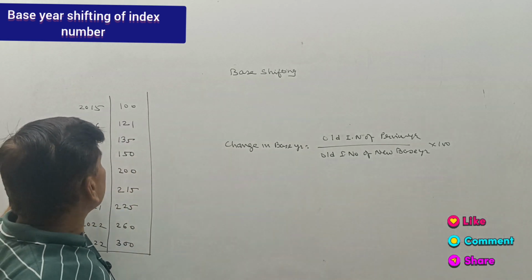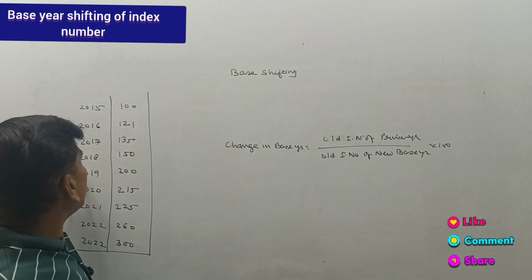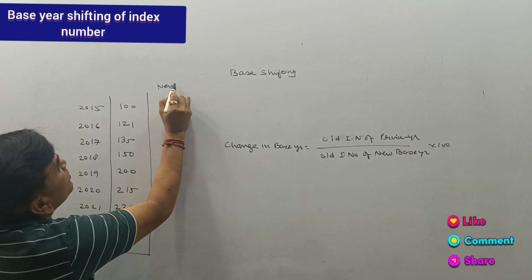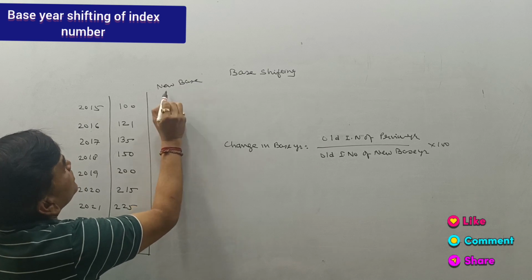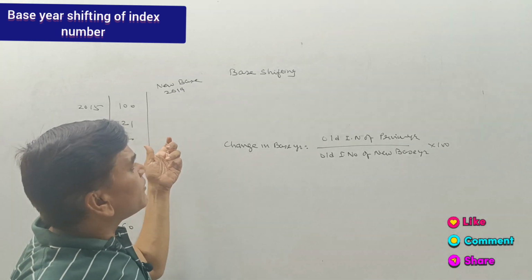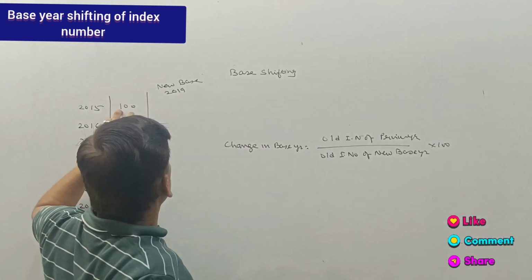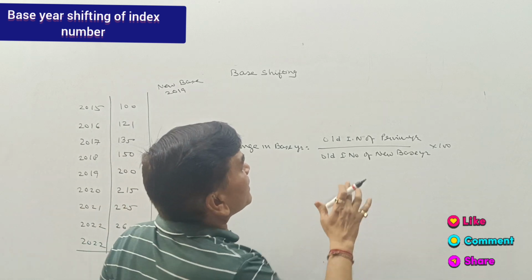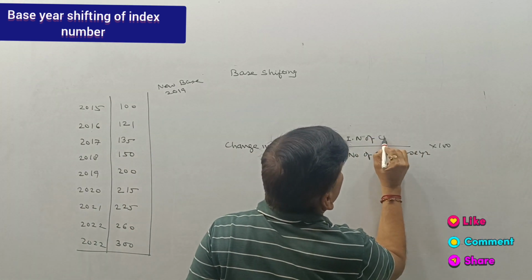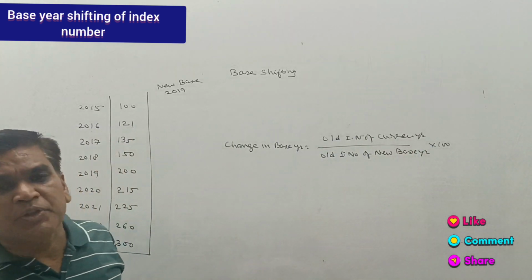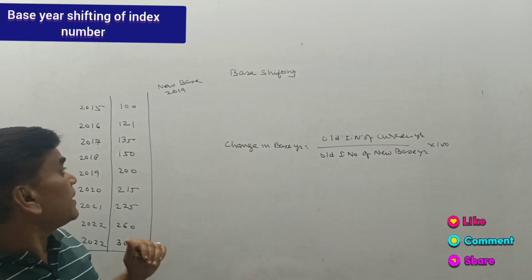Suppose we change the new base year to 2019. We take the old index number of the current year, not the previous year, divided by the old index number of the new base year, multiplied by 100.